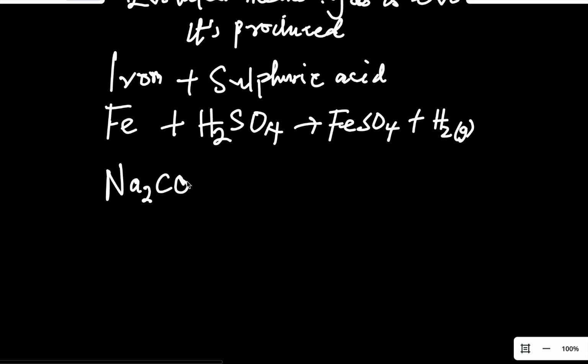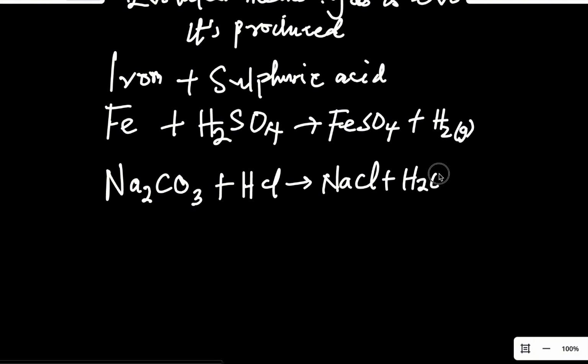If this sodium carbonate reacts with hydrochloric acid, HCl, it is definitely going to produce sodium chloride plus water plus carbon dioxide. In this case, the carbon dioxide is the gas.